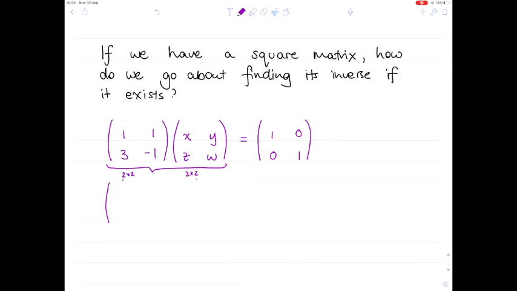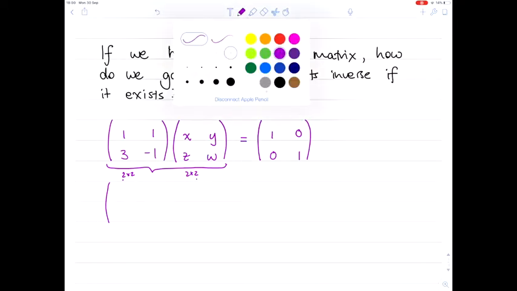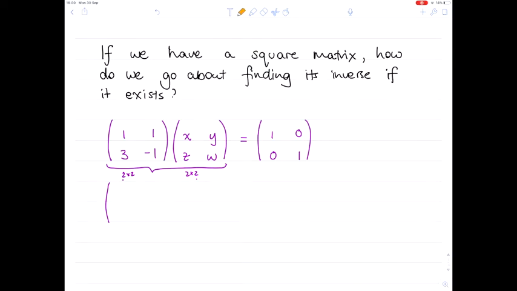Let's look at what the entries will be. Our first entry will be the first row of the first matrix dot producted with the first column of the second matrix, so that's going to give us x plus z. Then our second entry in the first row will be first row times second column, so that's going to give us y plus w.